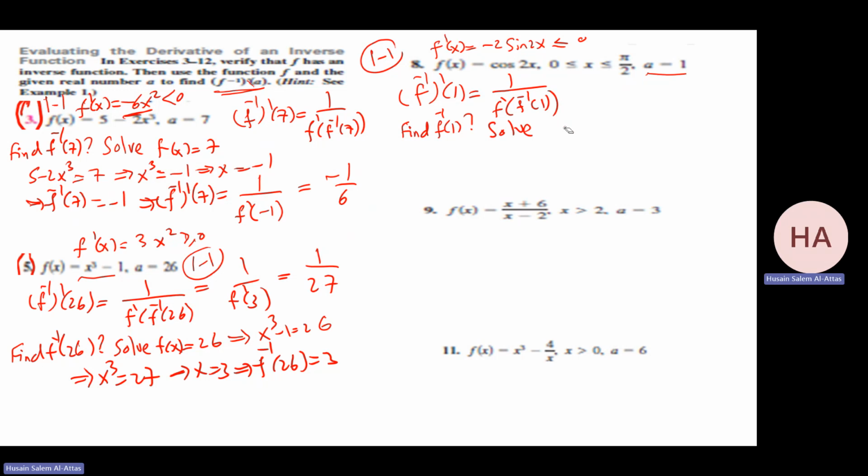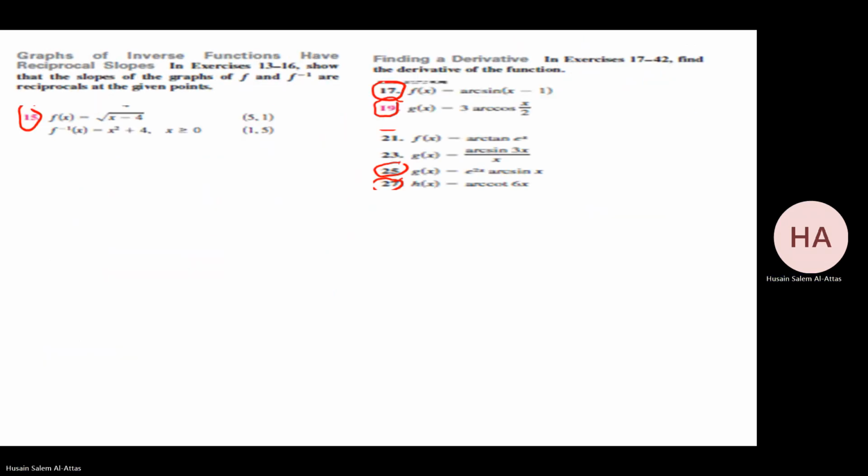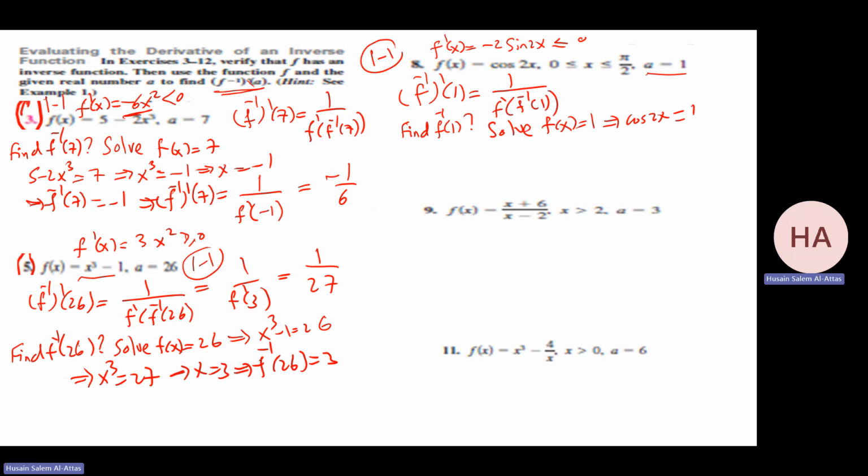We solve f of x equals 1. That implies cosine 2x equals 1.